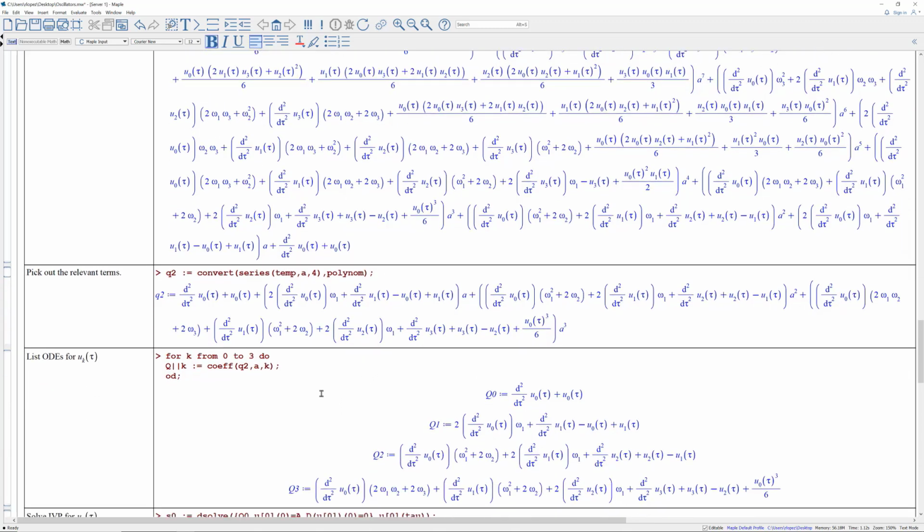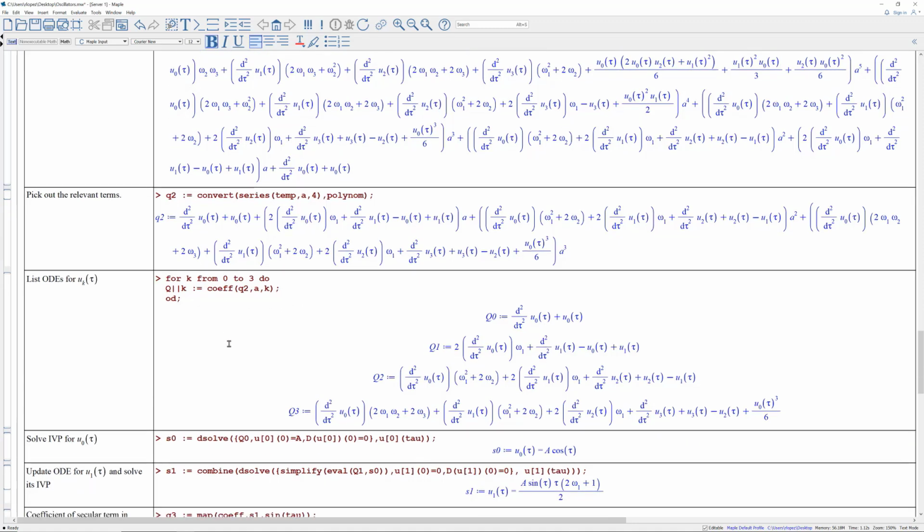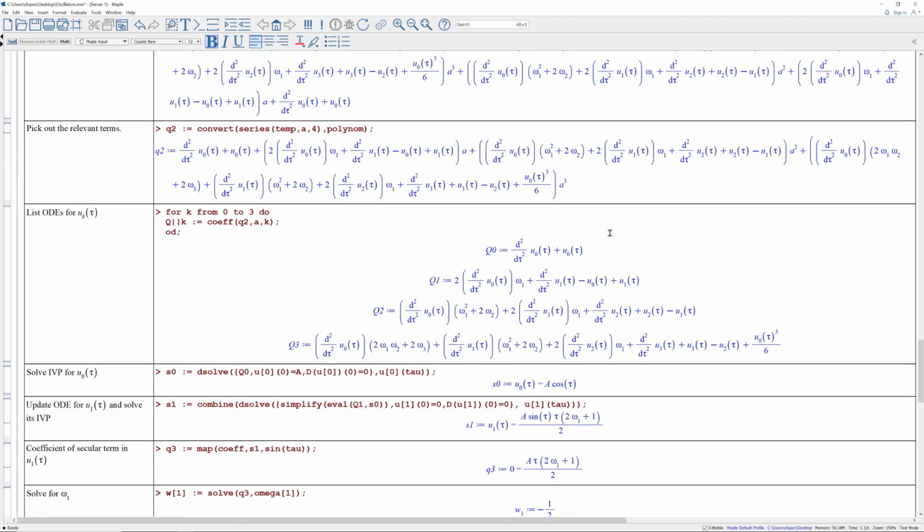And here's a way to pick out the individual expressions that are the coefficients of the powers of A. Use the coefficient command. Now start solving the initial value problems associated with each of these coefficients. So here's the first one. You use dsolve. Here are the initial conditions.